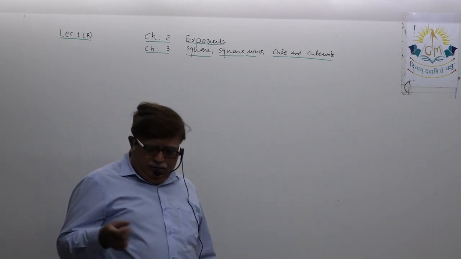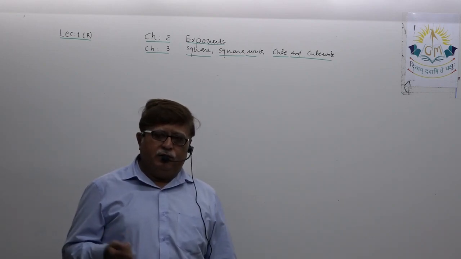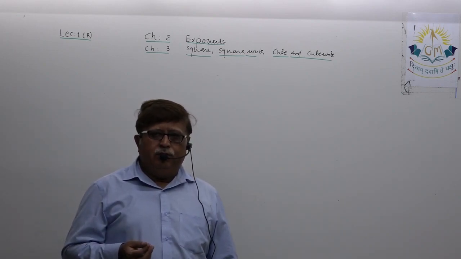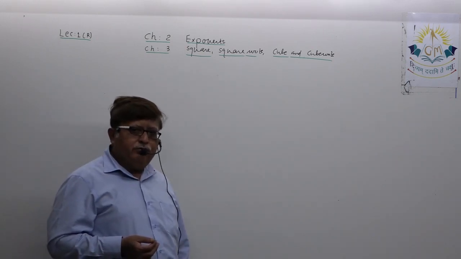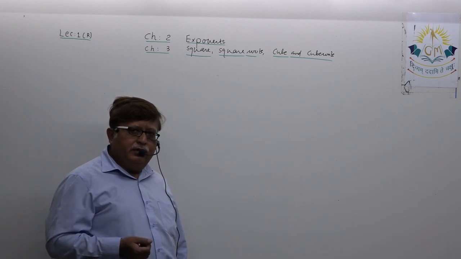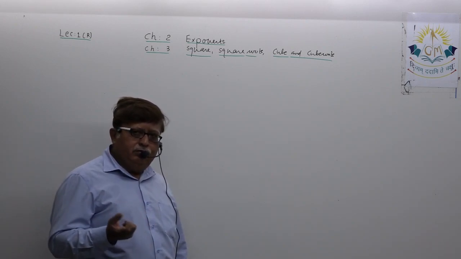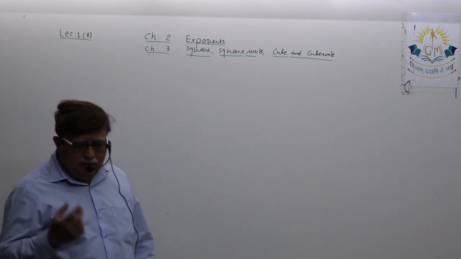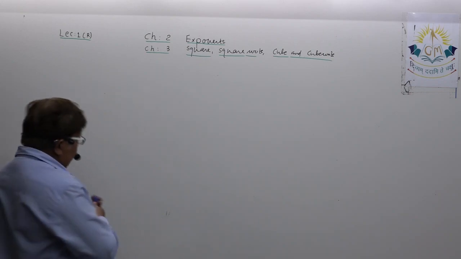Actually, my target is some of the examples which I may have asked in your WRTs, so that most of your WRT doubts, if any, can also get cleared. Okay? So, the first one today.